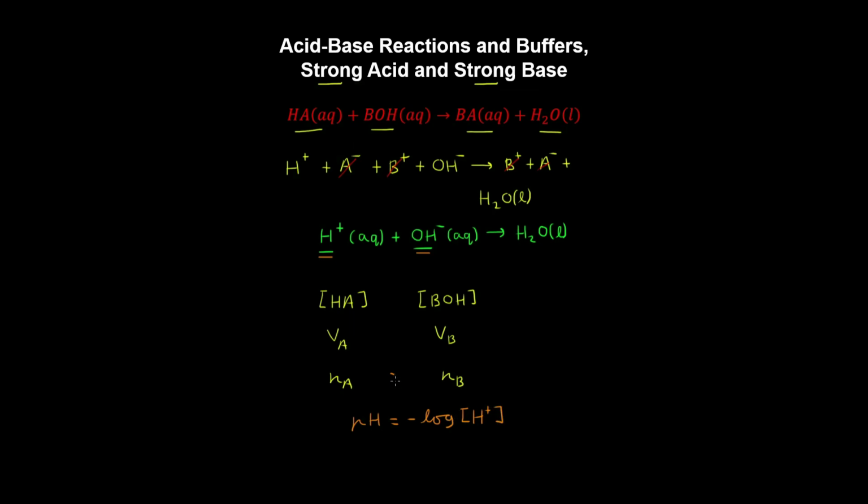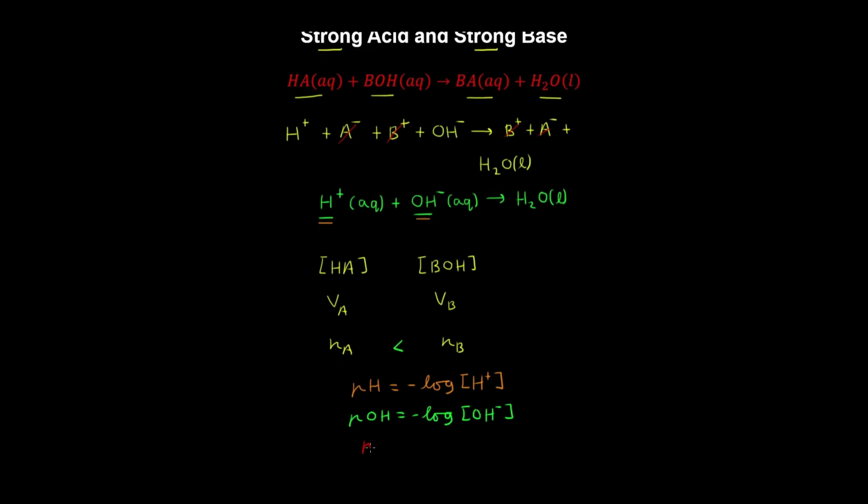And if instead the base is in excess, you'll be able to obtain pOH, and then use the following equation to obtain a pH at 25 degrees. And if you have an equimolar solution, then all of the hydronium and hydroxide ions will react, and you have a neutral solution.